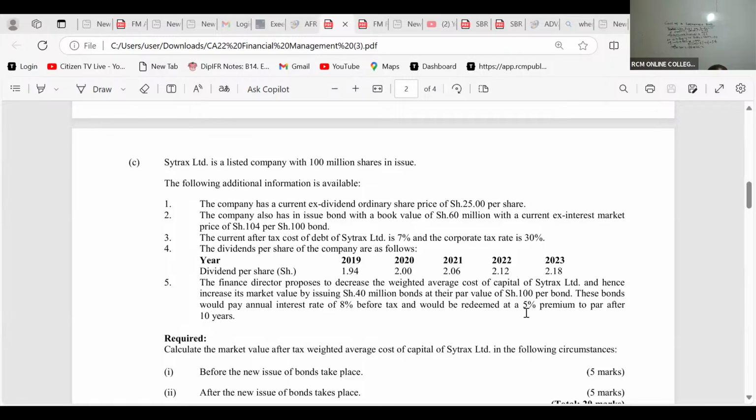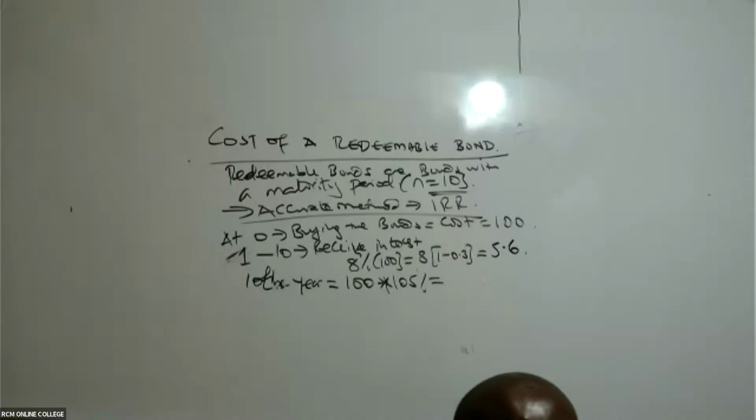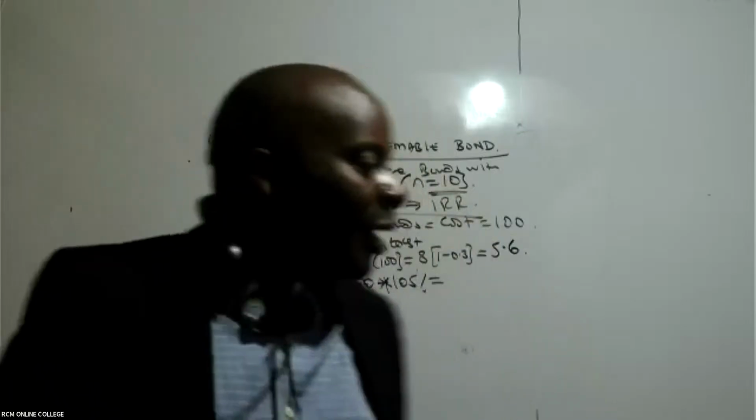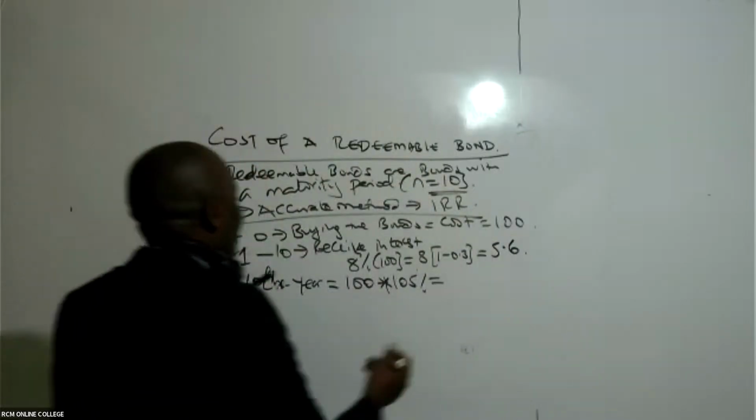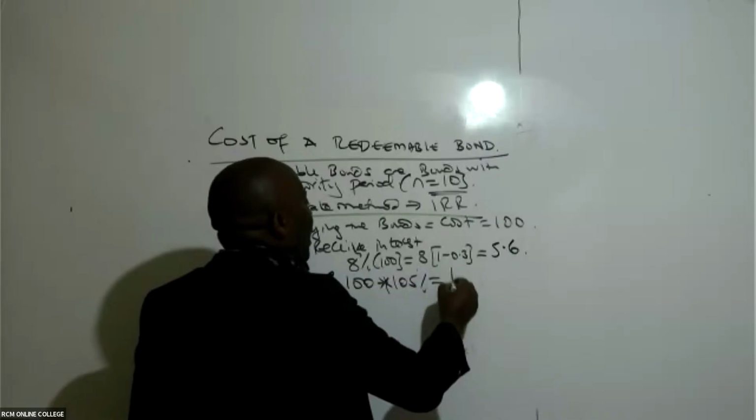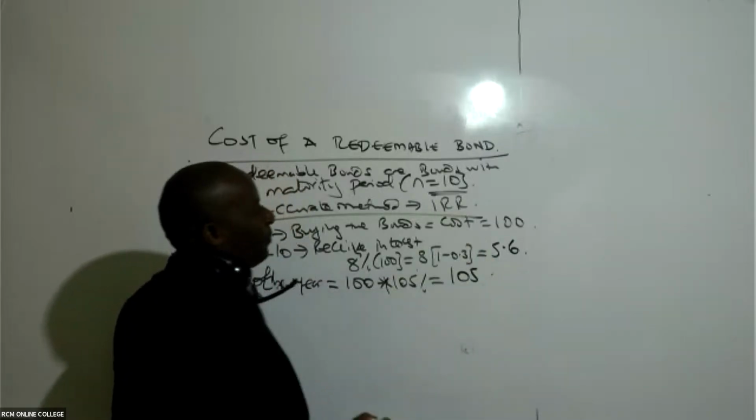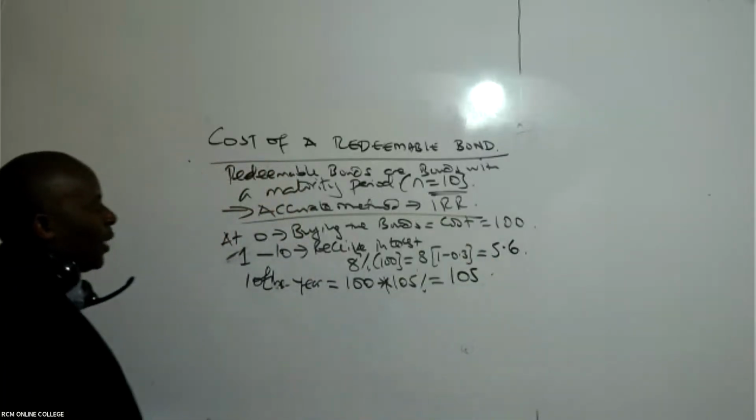So the redemption value will be 100 times 105%, or 1.05. So it means, ladies and gentlemen, that in this particular case, on redemption, I will get 105.